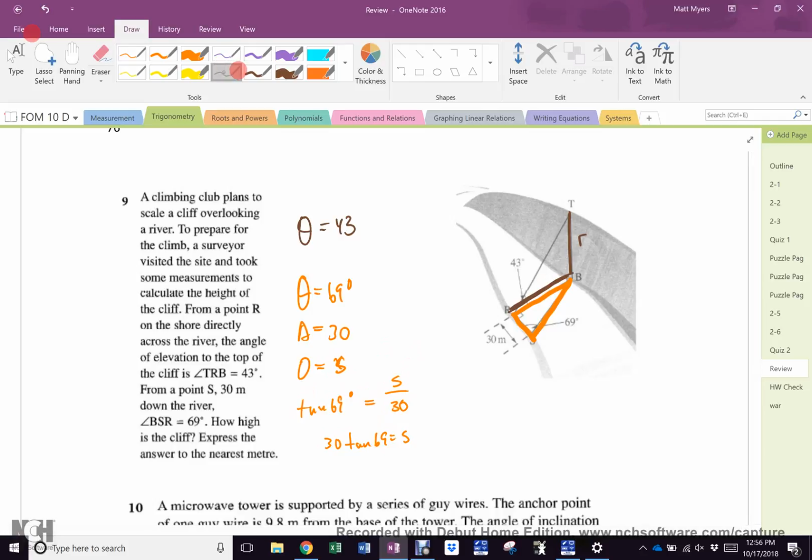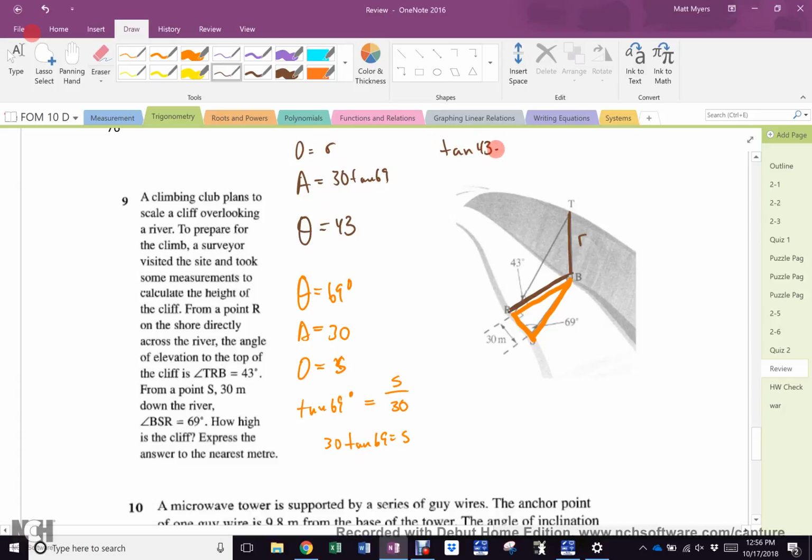Now, in the brown triangle, that means my adjacent is 30 tan 69, isn't it? If I don't do this here, then there's no chance I'm going to round something wrong or screw it up, right? So I'm going to bring that up here because I know that's my adjacent. My opposite is little r.